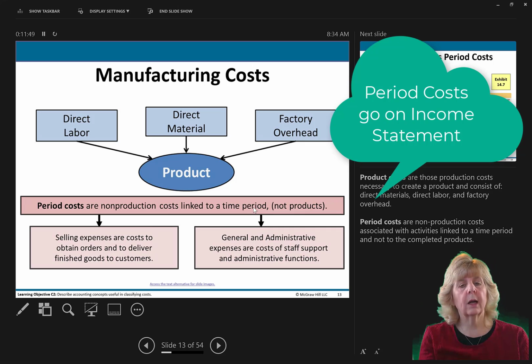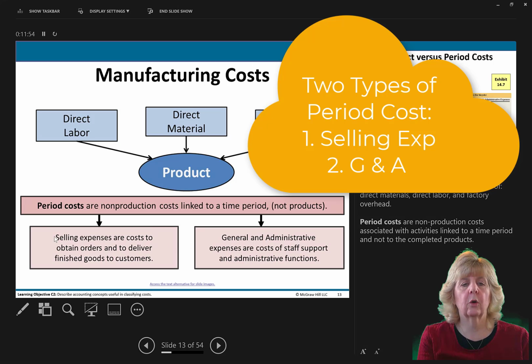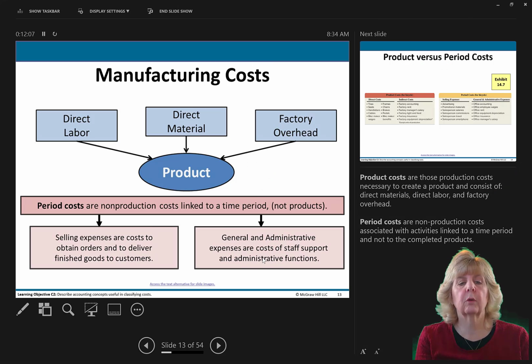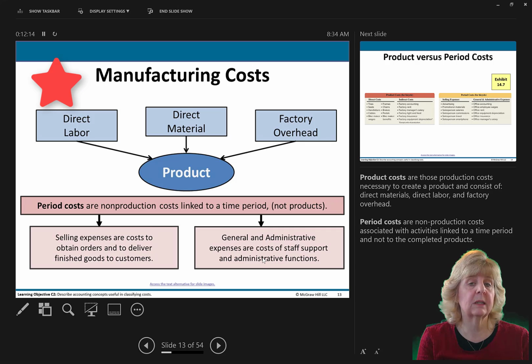They're going to go directly to the income statement. And there's 2 major categories for period costs. The 2 major categories is either it's a selling expense or it's a general and administrative expense, what we sometimes refer to as G&A. So I would consider tagging that slide, even possibly printing it out. It's a pretty good summary of how to classify costs by type.